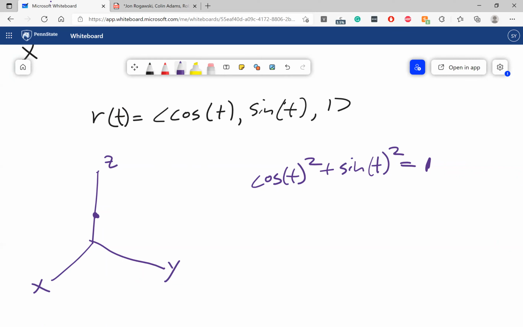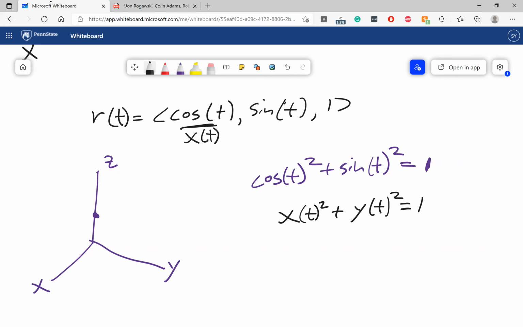And that's going to tell you that this curve is a circle. You go up by 1 and you get some circle. Because of that, you know that x of t squared plus y of t squared is equal to 1, right?